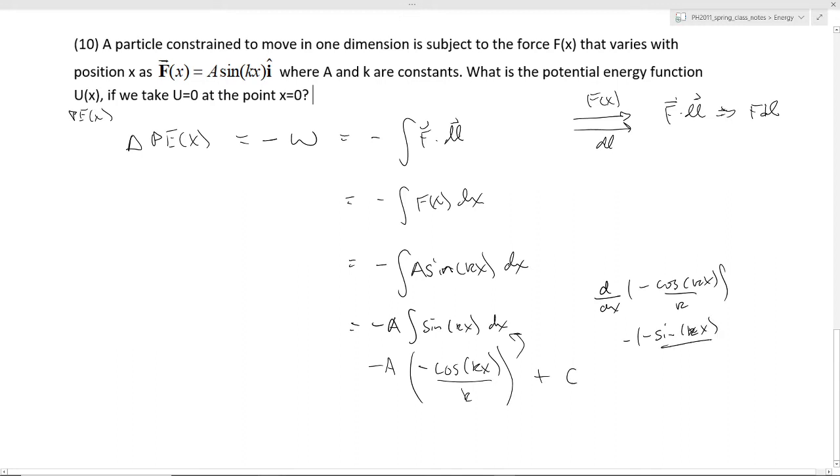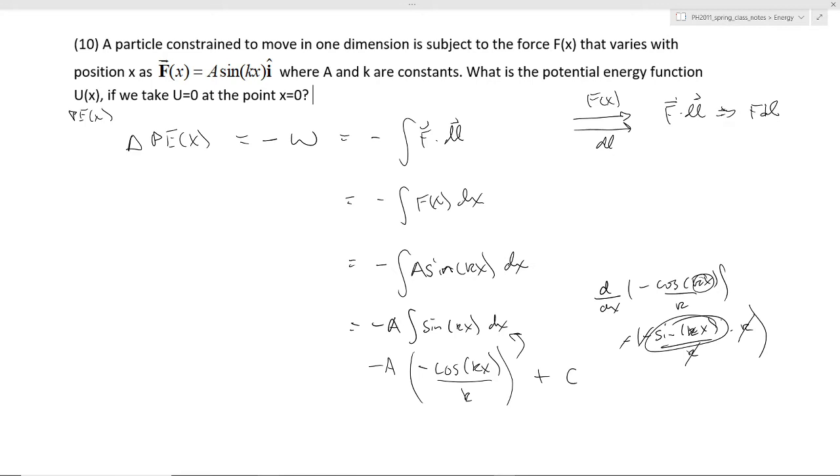And then we would also pick up a factor of the derivative of the argument, so a factor of k. So our k's would cancel, our negative signs would cancel, and we would recover our sine kx. And that's what we started with. So if ever you're like, man, I can't remember exactly if it's positive or negative, I find that I remember the derivative better. So you can always kind of check yourself.